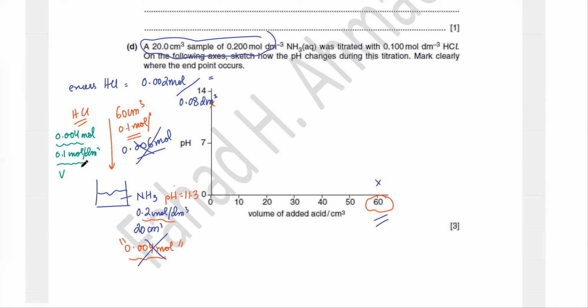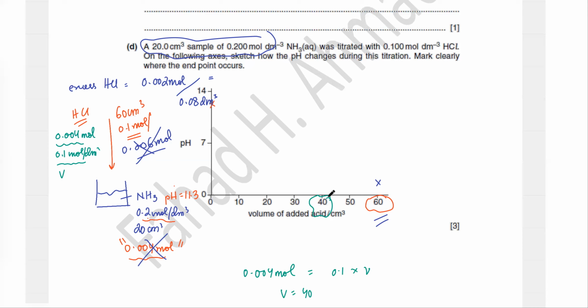Moles is concentration times volume. So I think the volume would come out to be 40 cm cube. 40 cm cube was the right volume that should have been added. 60 cm cube was too much. That was 20 cm cube extra that you're adding. So is this clear?